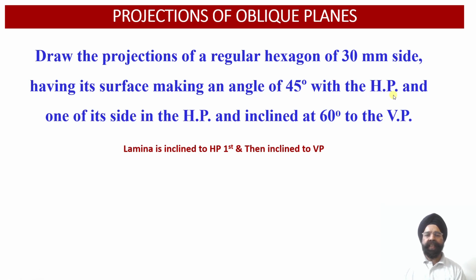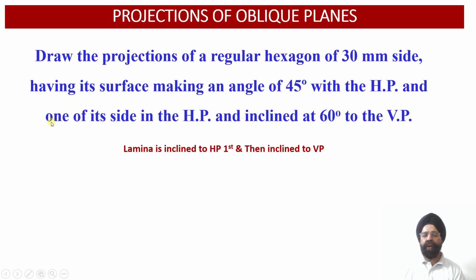Since the surface of this regular hexagonal lamina makes an angle of 45 degree with respect to the horizontal plane, we are going to assume that, to begin with, this hexagonal lamina will be resting on the ground, or parallel to the horizontal plane. Another piece of information is that one of its sides rests in the horizontal plane.